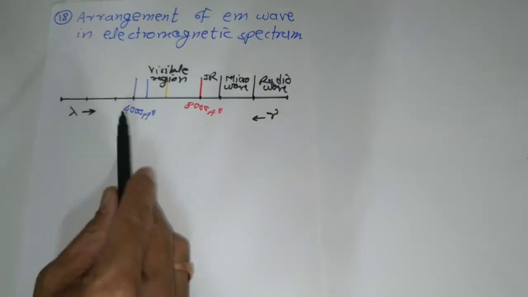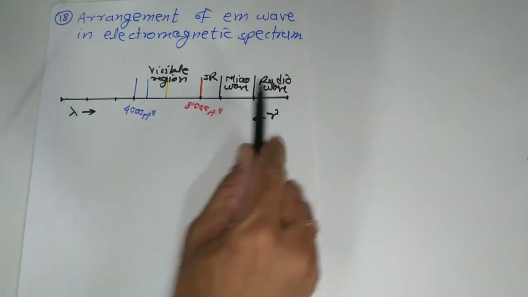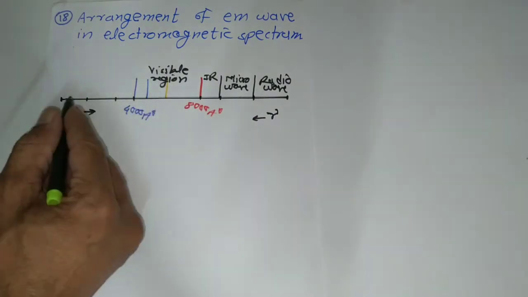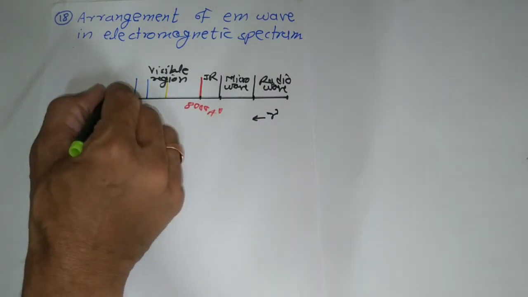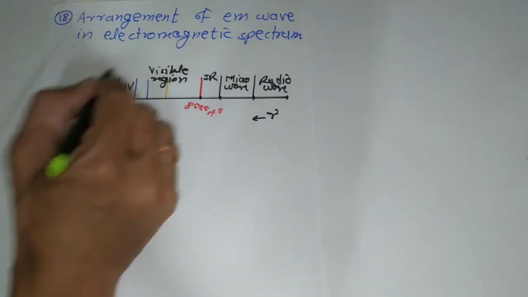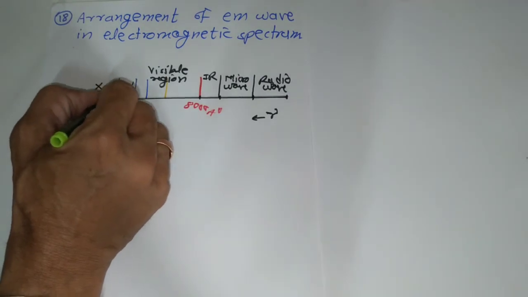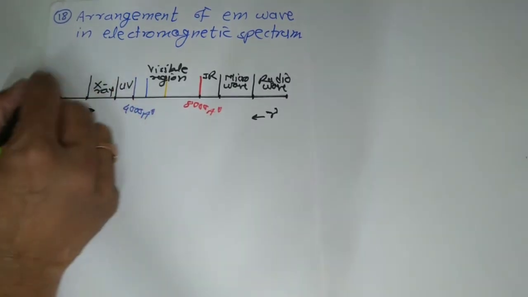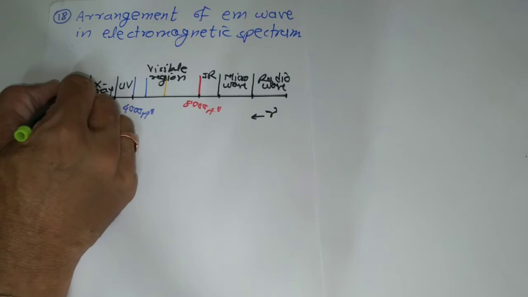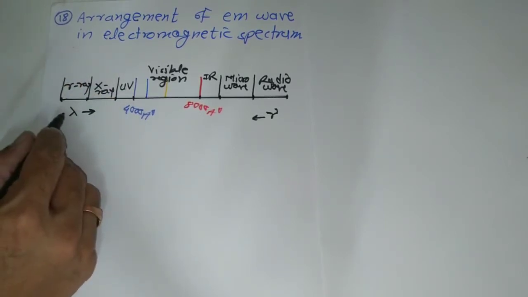This means the wavelength increases in this fashion from left to right. On the left portion of visible light, there is the ultraviolet region, so called the UV region. Then comes the X-ray, and the first part of the spectrum is gamma rays, with the least value of wavelength.